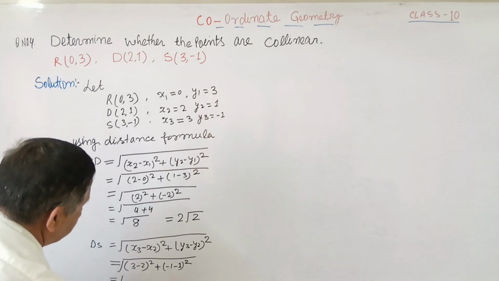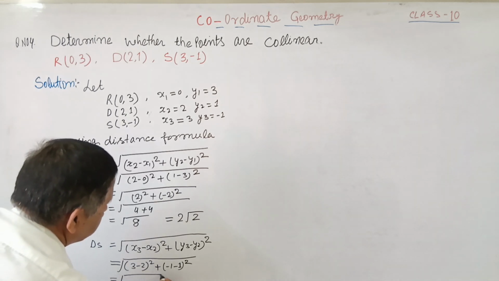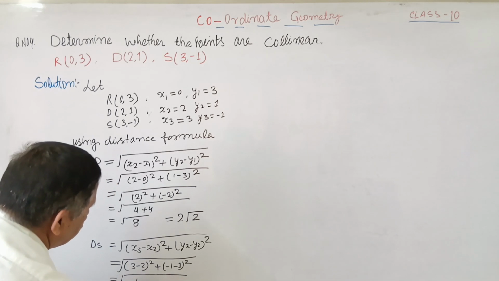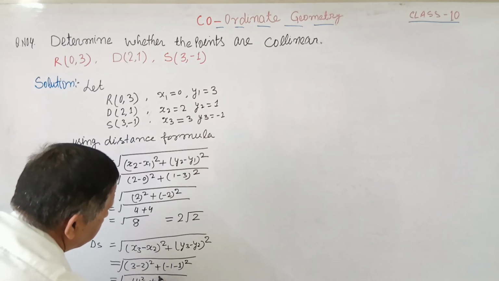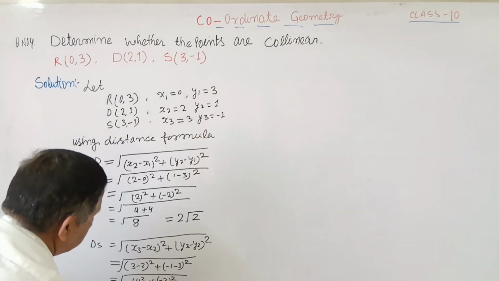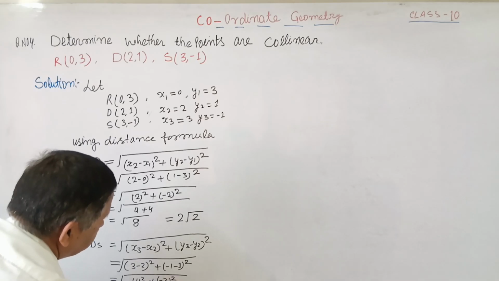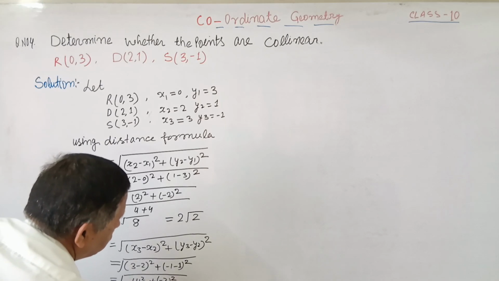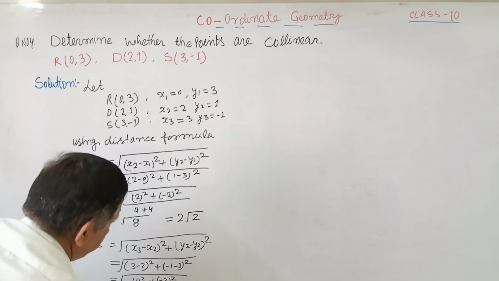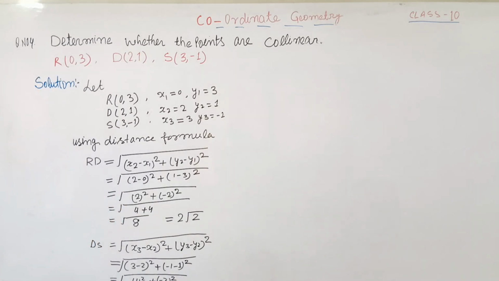So this comes out to be 1 square plus (minus 2) square. Therefore this is 1 plus 4 equals root 5. So DS is root 5.